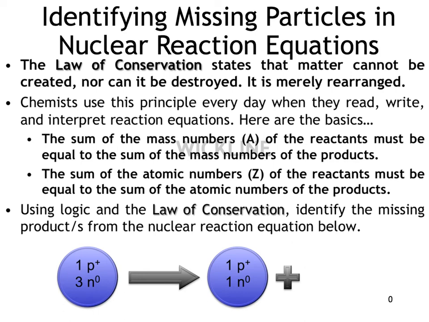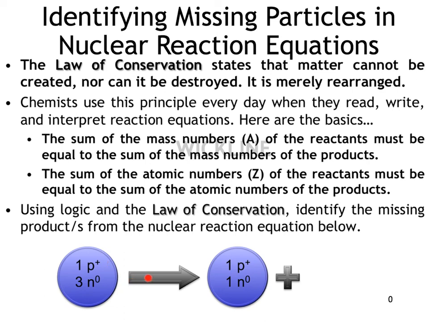So if you take a look at the diagram I've constructed at the bottom of this slide, I haven't given you mass numbers and charges per se, but I did give you protons and neutrons. And on the left-hand side, we have 1 proton and 3 neutrons in this particle. The law of conservation says that after whatever reaction occurs, you should also have 1 proton and 3 neutrons left.